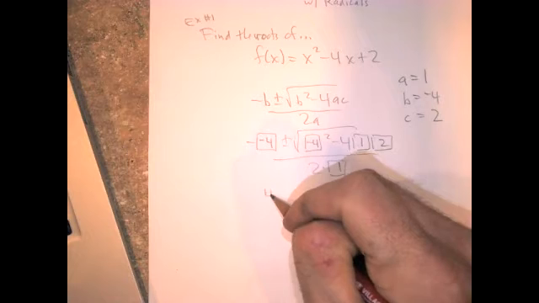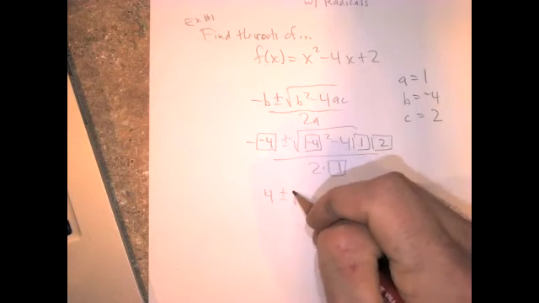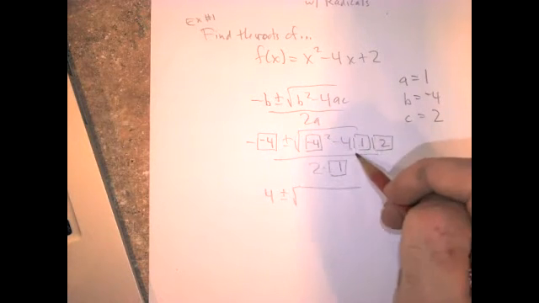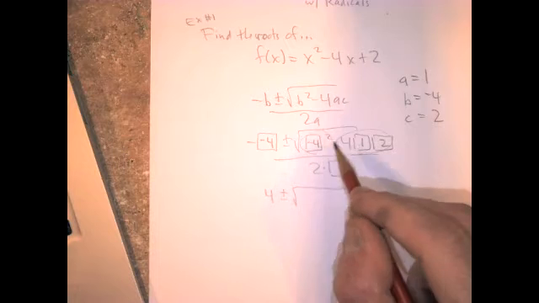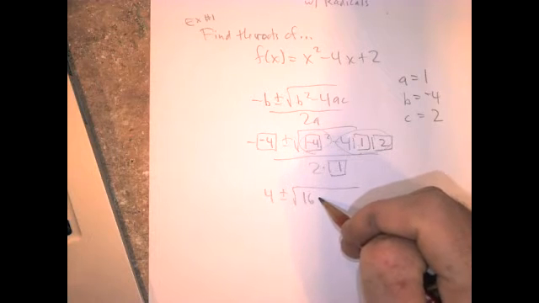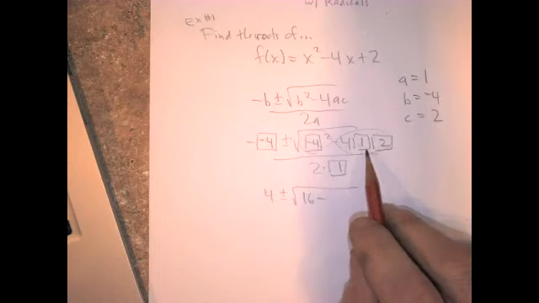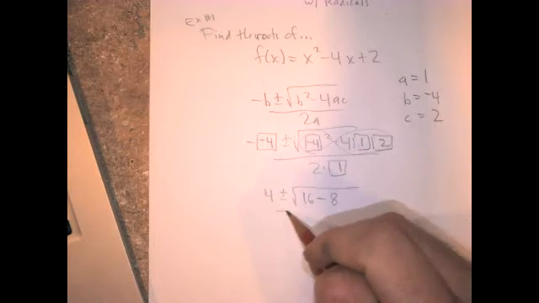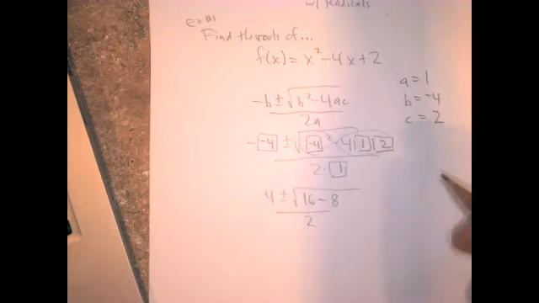So we got 4 plus minus. Now do your order of operations. We got to do this for these separately, right? -4 squared is 16 minus 8, right? Over 2.